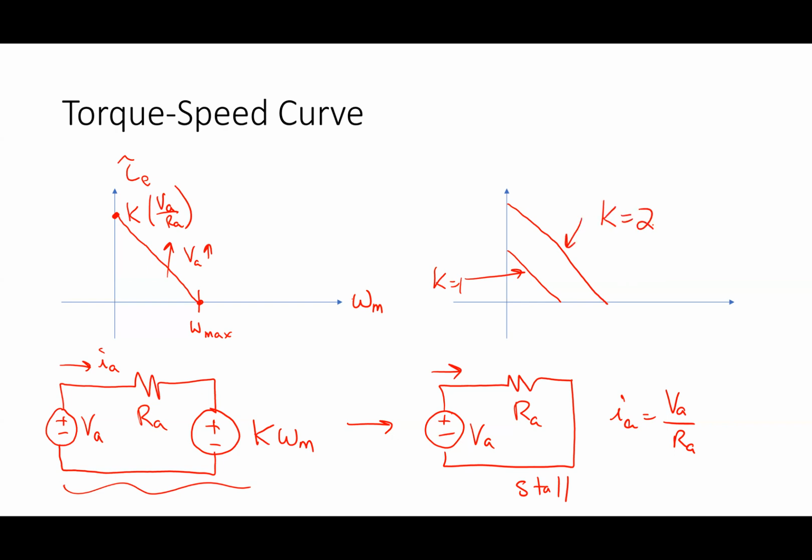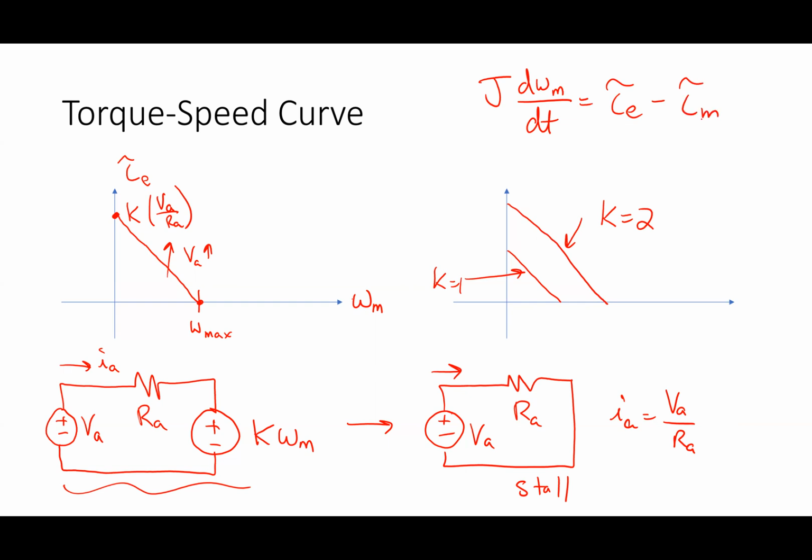If we want to understand where the machine operates, it operates at whatever point where the load torque curve and the machine torque curve intersect. Let's remember our basic relationship. What governs the mechanical side? It's Newton's law: J d omega_m by dt equals tau electrical minus tau mechanical.